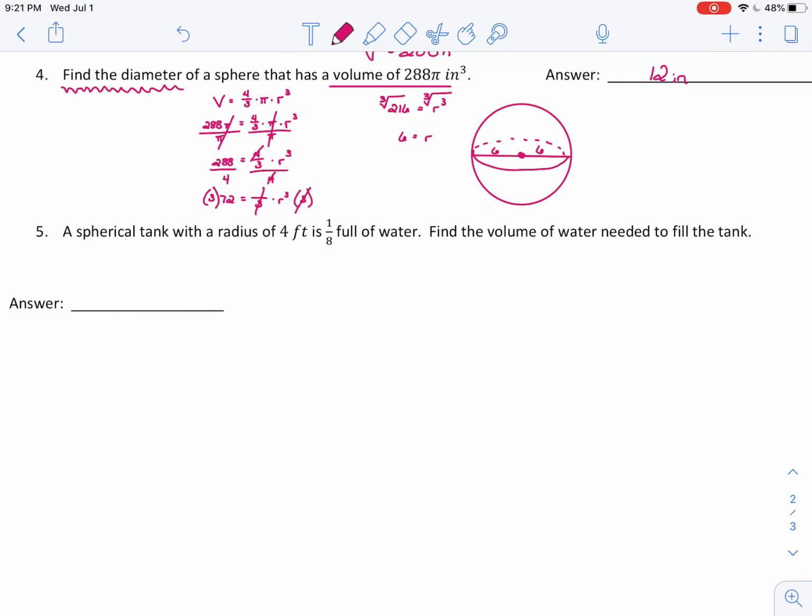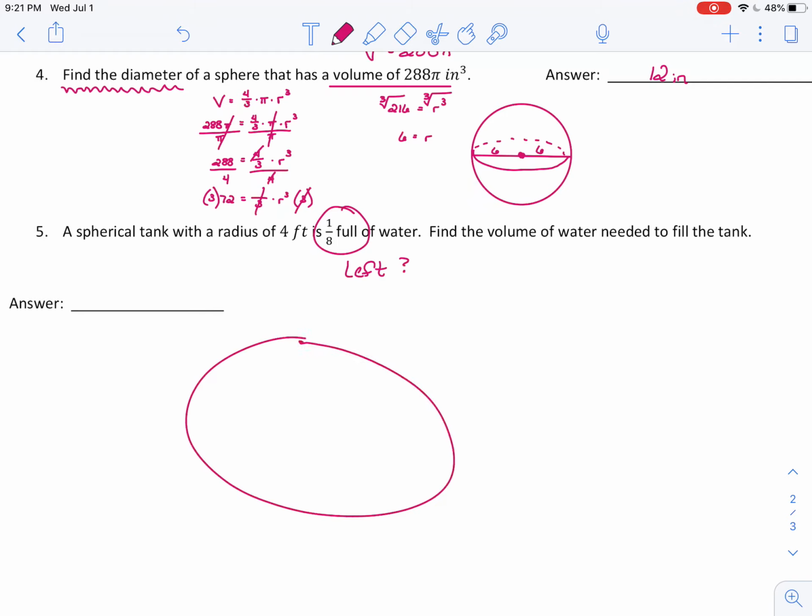Last problem. We have a spherical tank. We're told the radius is 4 feet. It's not completely full. It's only an eighth of the way full. And we're going to find the volume of water needed to fill the tank. If it's only 1/8 full, then I want to know how much is left, what fraction is left.